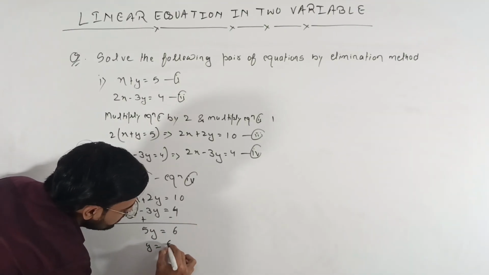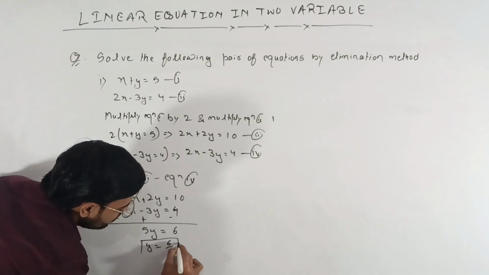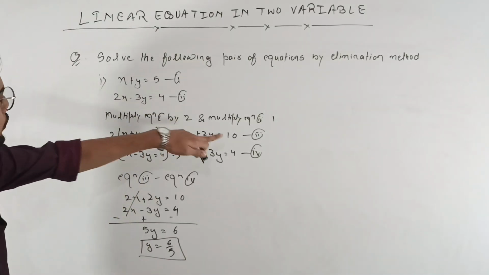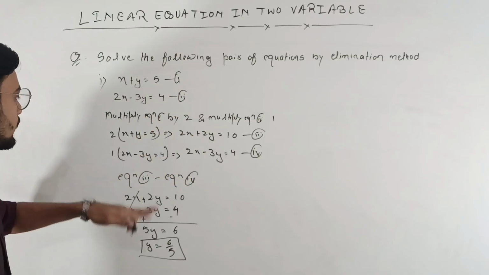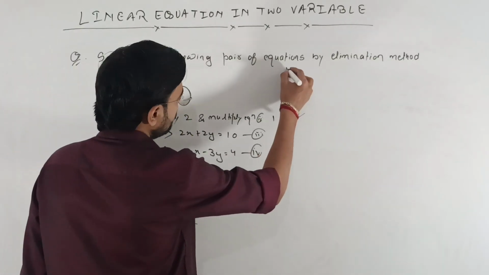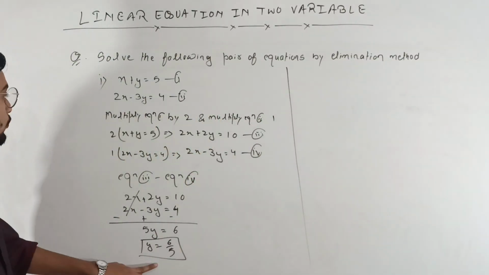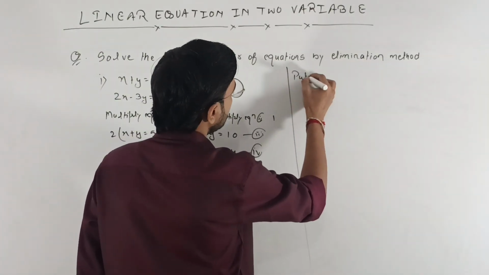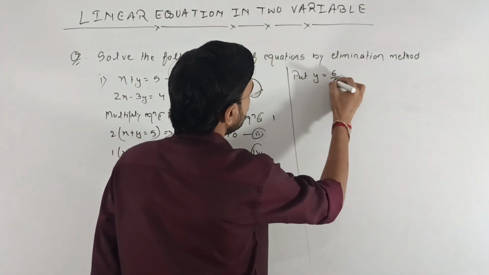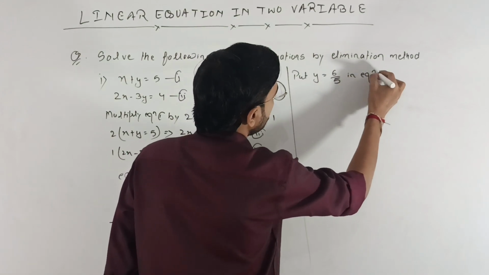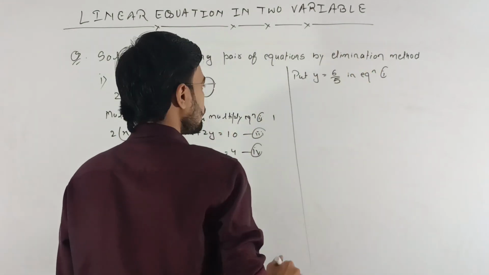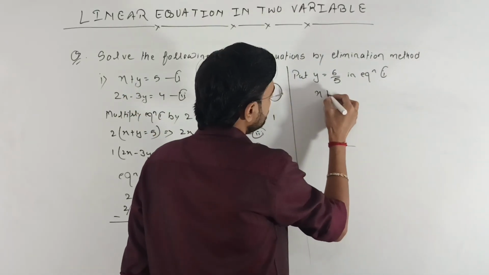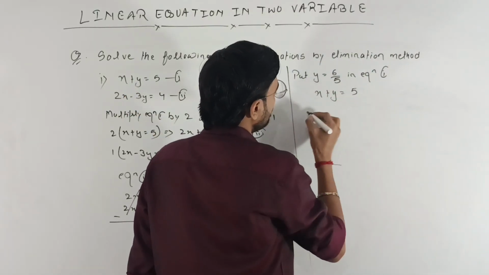So from here, y is 6 upon 5. Now put this value of y in equation 1, 2, 3 or 4, any of them, and then we get x. Suppose I put y is equal to 6 upon 5 in equation first. Equation first is x plus y is equal to 5.